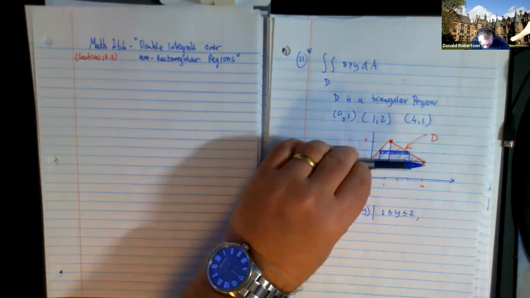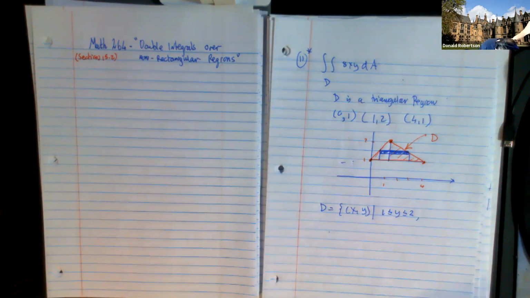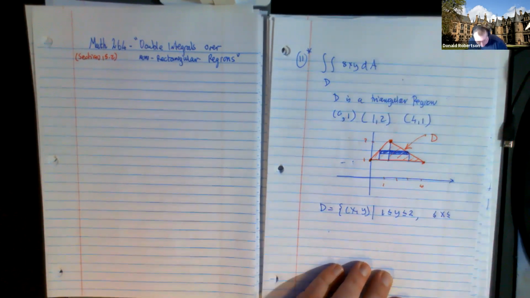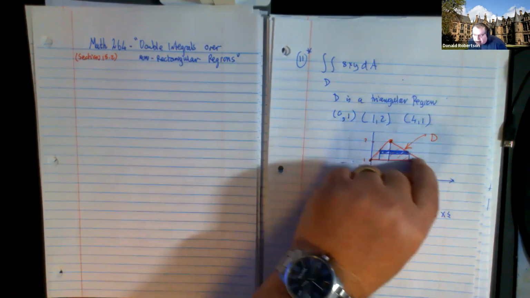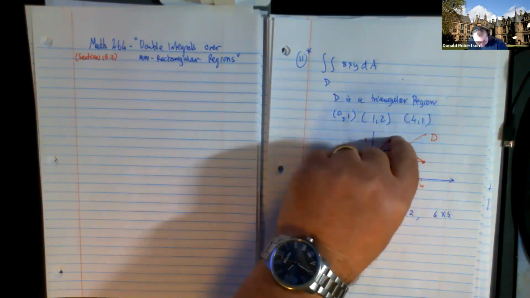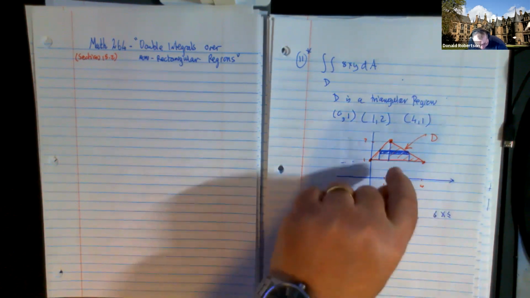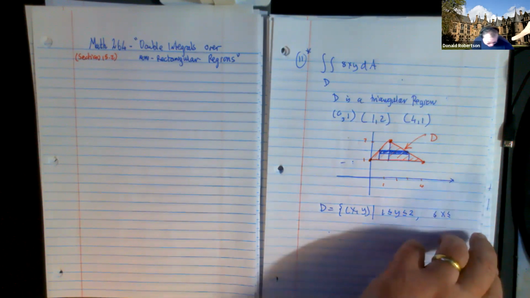Won't the y value go from 1, scan up, and finish at 2? Now, I have an x boundary. Won't this line here be the big value of x, and won't this other line be the small value? But won't both of these lines have to be written in terms of y, right? So now we have a side job.